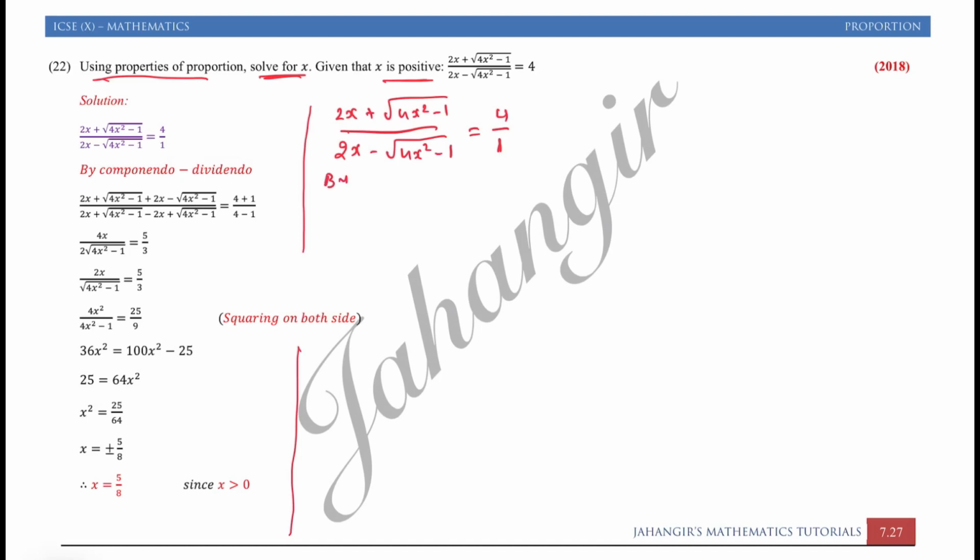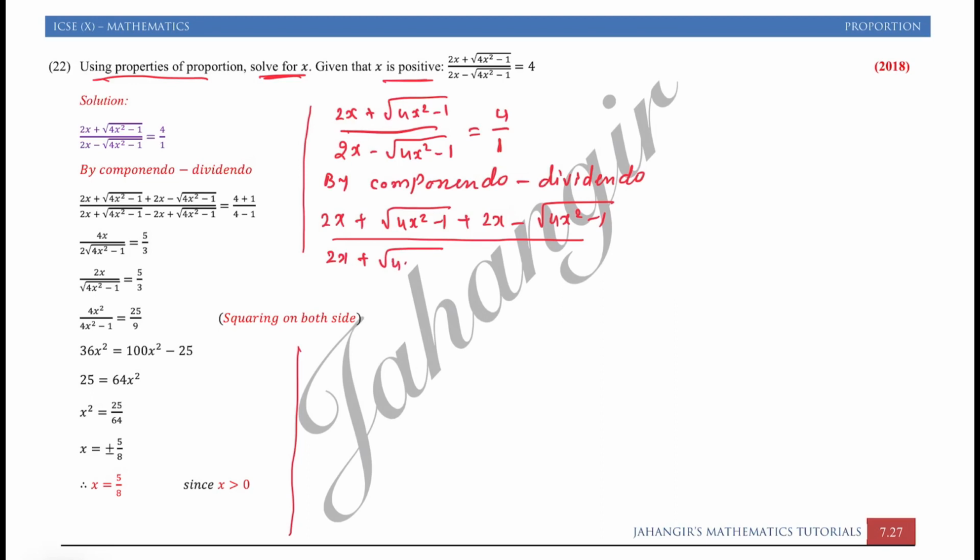So by componendo dividendo, we can write 2x plus root of 4x square minus 1 plus 2x minus root of 4x square minus 1, whole upon 2x plus root of 4x square minus 1 minus 2x plus root of 4x square minus 1, that is equal to 4 plus 1 upon 4 minus 1.